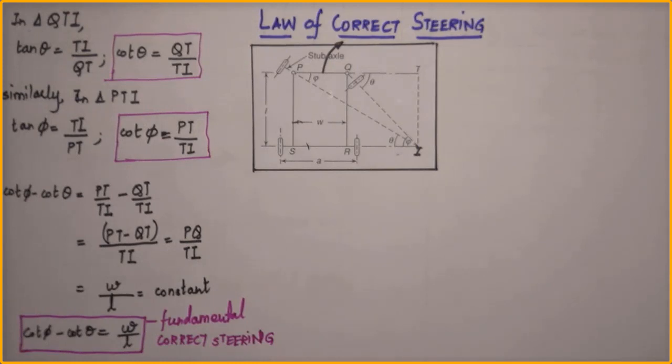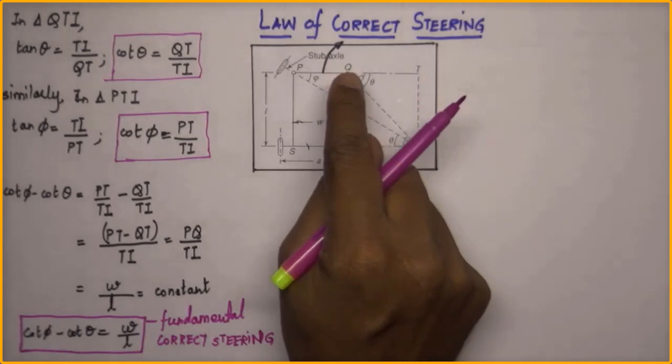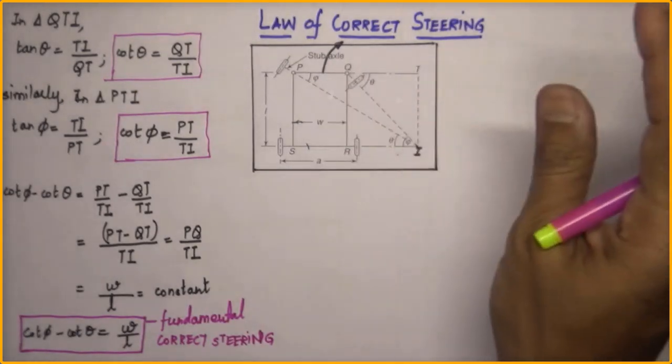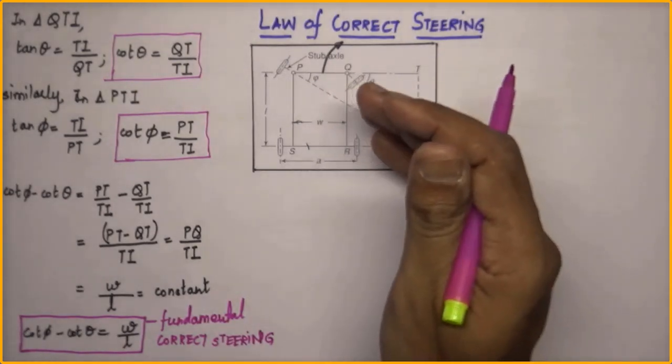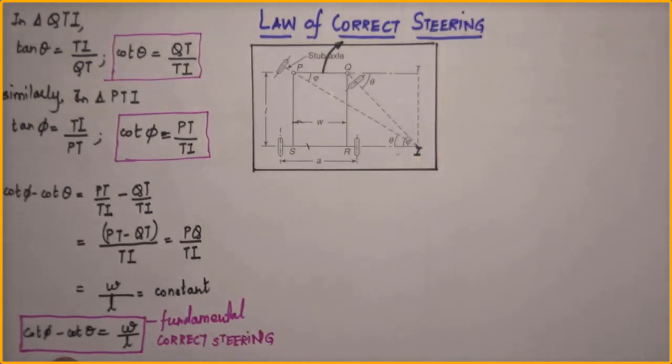Now, if you make a mechanism for steering of a vehicle, and if that mechanism, whatever you make, satisfies this particular equation, we can call that mechanism a steering mechanism. This is where we would like to go into part 2 and discuss two different types of steering gear mechanisms. Thank you.